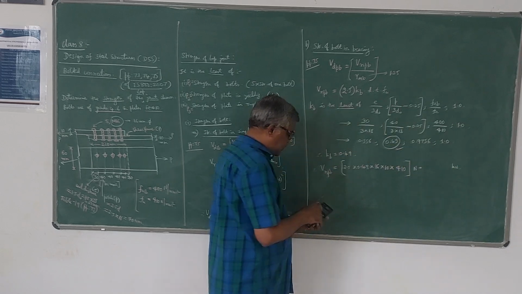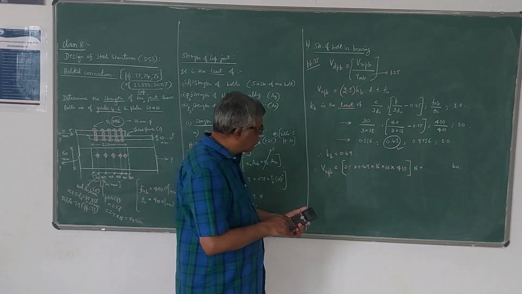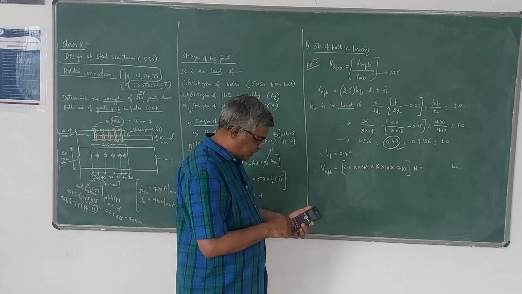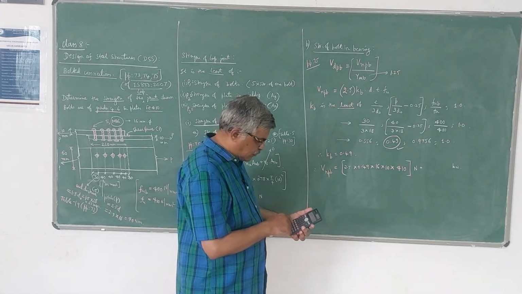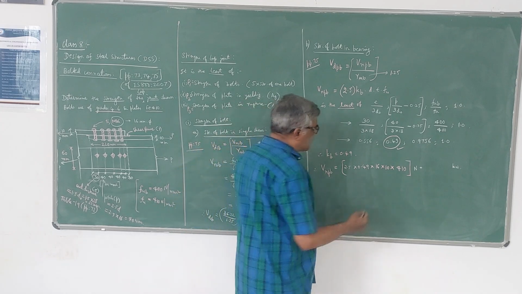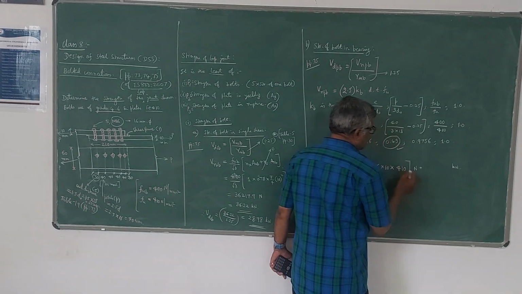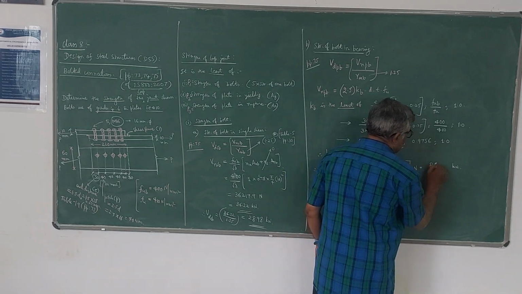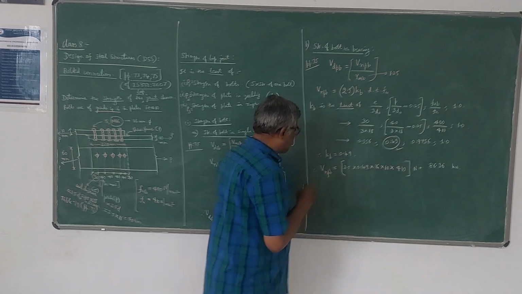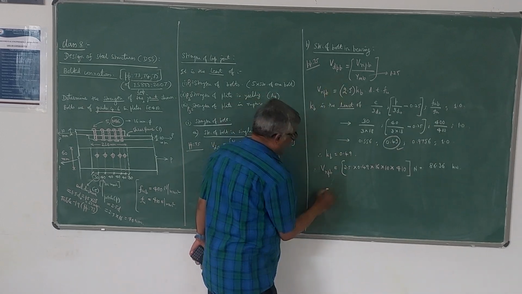Now let us find out this value. 2.5 into 0.49 into 16 into 10 into 410. So this comes out to be 80,360. So 80,360 newton means it is 80.36 kilonewtons, divided by 1000. So therefore I need VDPB.